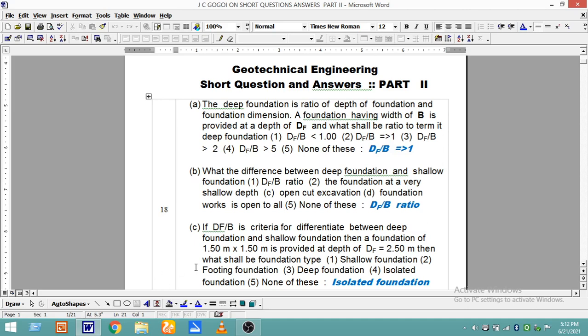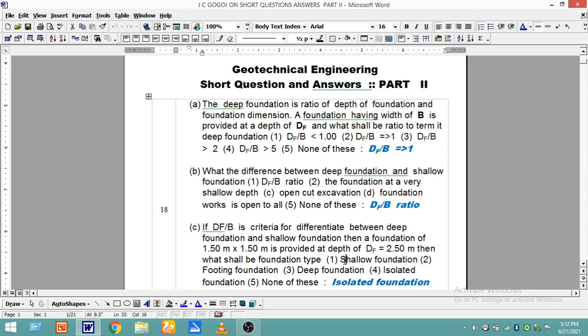If Df by B is the criteria for difference between deep foundation and shallow foundation, then if a foundation of 1.5 meter is provided at a depth of 2.5 meter, what shall be the foundation type?